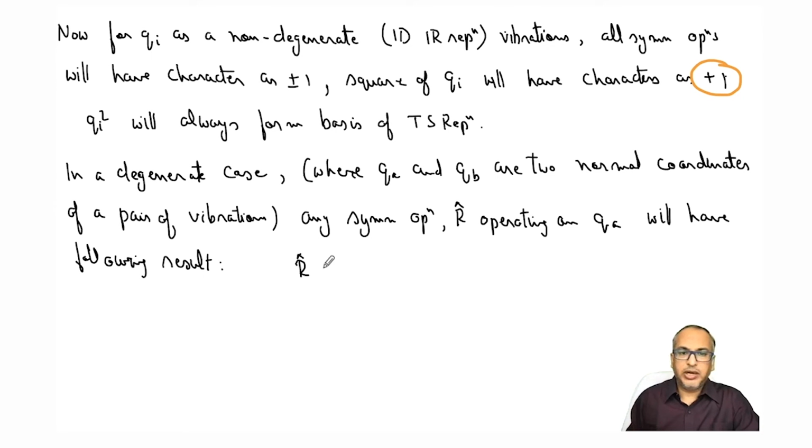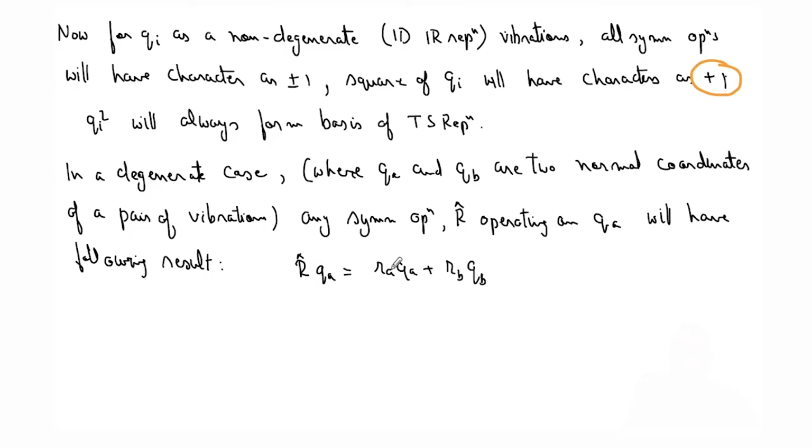So if you operate R onto QA, what you will get is a linear combination of QA and QB. Why linear combination? Because both of them are forming the basis of that particular IR representation, right? It's a degenerate representation. So for example, if you apply C3 on X, and if X and Y together are forming basis, you will get some combination of X and Y, right? RA and RB will be those coefficients, right?